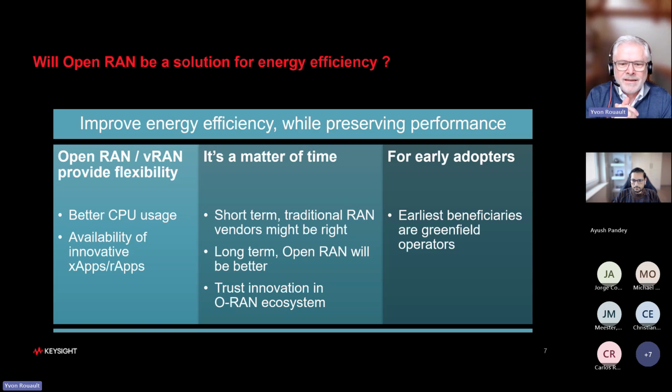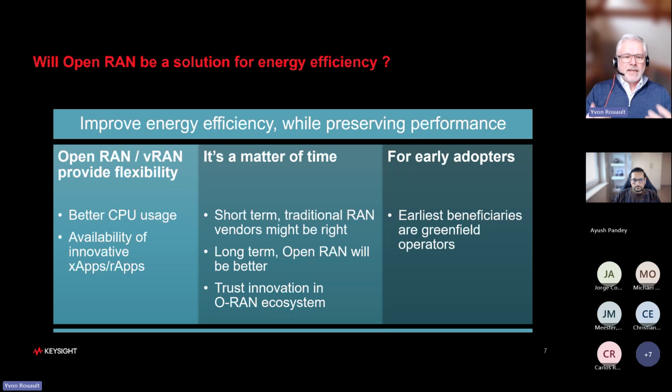Or is it just another hype topic? Well, that's my perspective, or maybe that's Keysight's perspective as well. Open RAN or vRAN doesn't need to be strictly speaking Open RAN or virtualization RAN like it was implemented by Rakuten initially in Japan, for example.